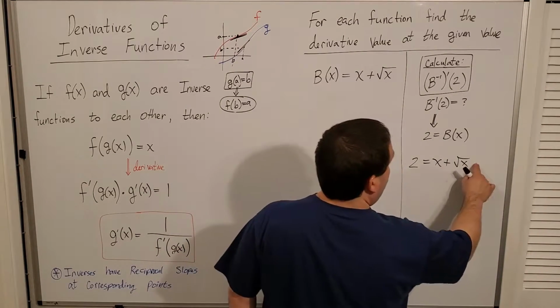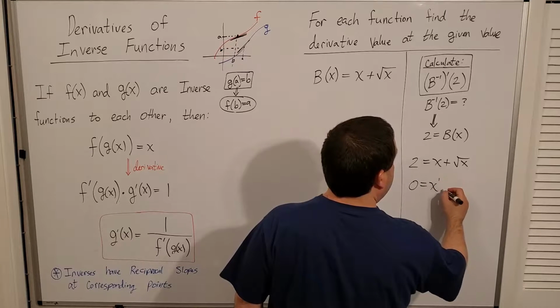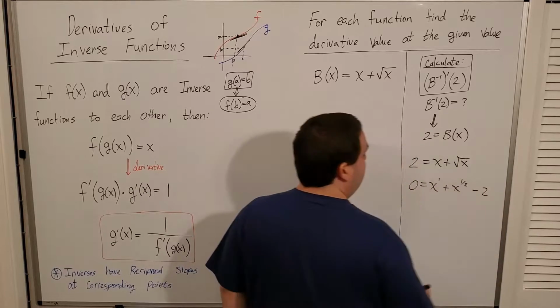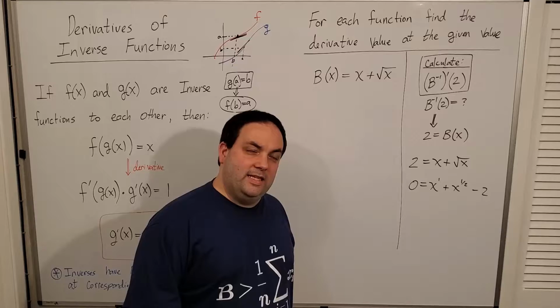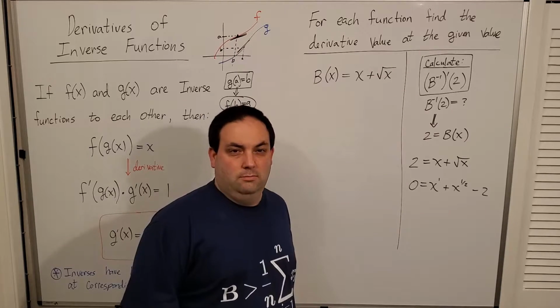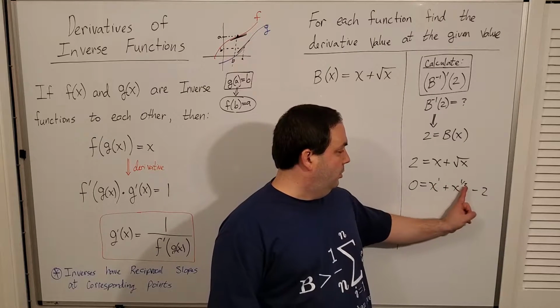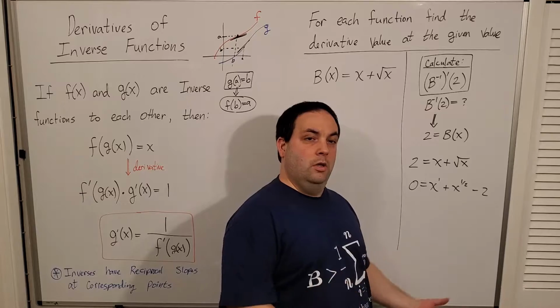I'm going to move the 2 over. And I'm going to rewrite this as x to the 1 plus x to the 1/2 minus 2. The reason why I'm writing it that way is because I need you to see that this is a quadratic structure. It's a trinomial, and the higher power is double the lower power, which means I can either use the quadratic formula or factoring.